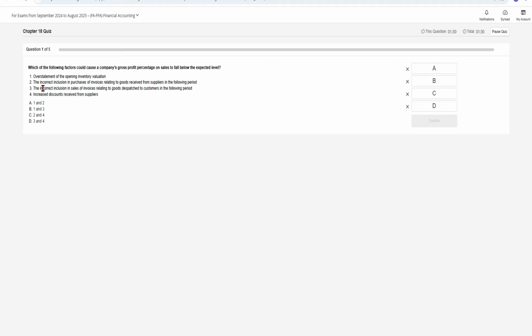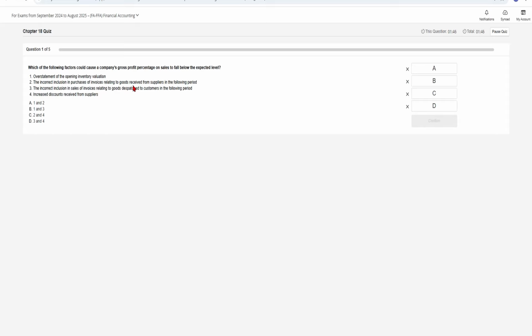So the second one is the incorrect inclusion in the purchase ledger of an invoice relating to goods received from a supplier in the following period. So basically the following period's purchase has been included in the current year.